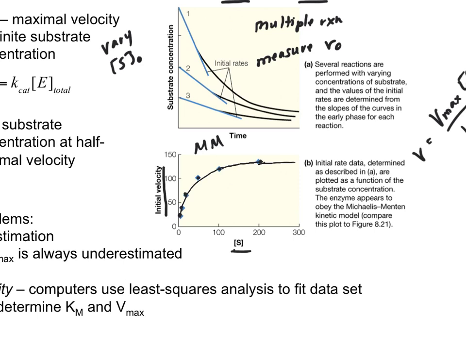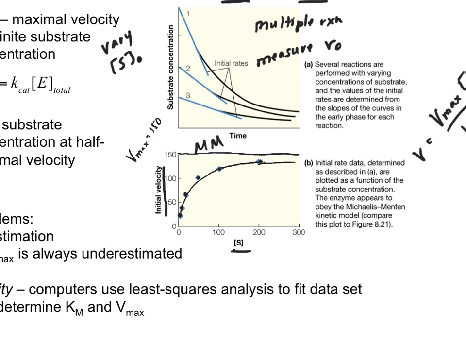It's essentially where this velocity is going as we move to infinite substrate concentrations. So it's going to be the asymptote of this hyperbolic line. That's how you would estimate Vmax if you were given a Michaelis-Menten plot. So what would you say Vmax is here? Probably about 150.